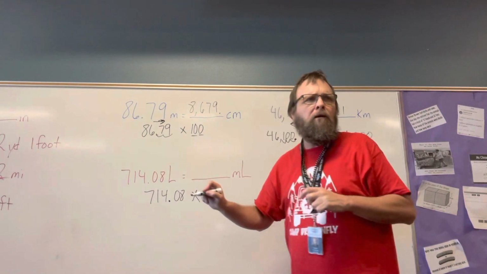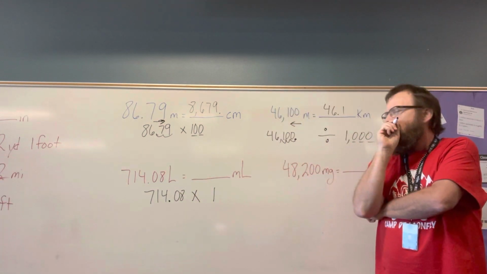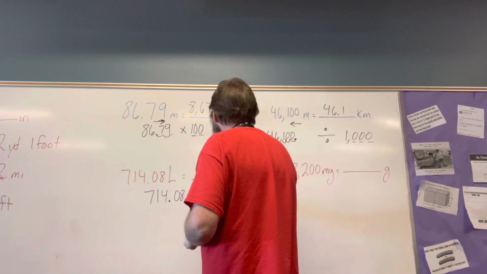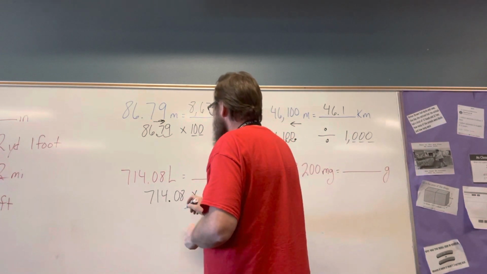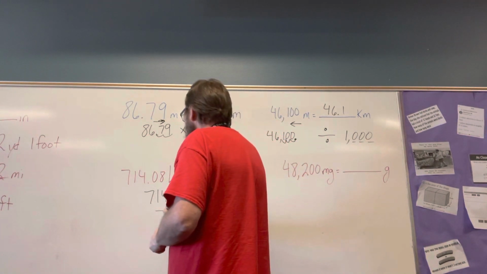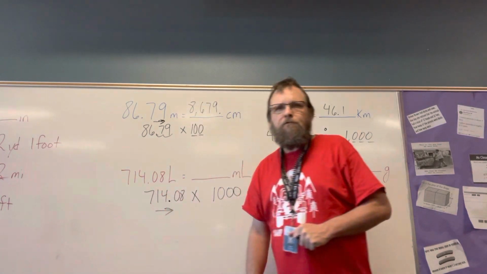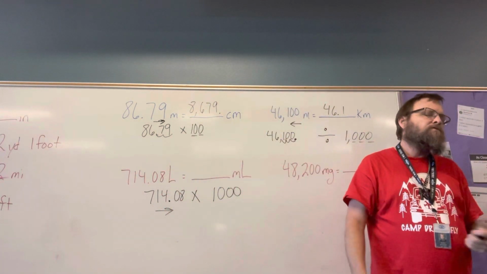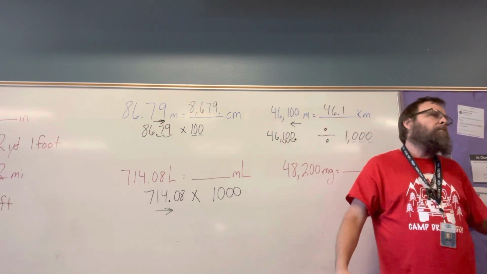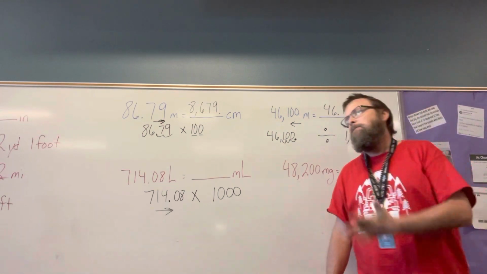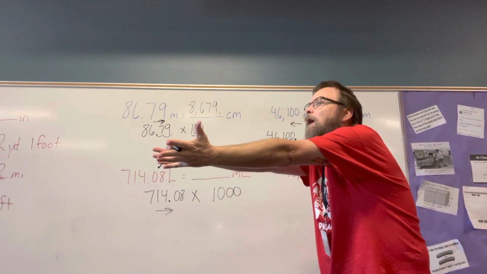Right? Or is it 100? 1,000? Good. 1,000. Since I'm multiplying, that means my decimal point moves to the right. That's why we did this whole multiplying and dividing by powers of 10 assignment. Well, that's why I assigned it.